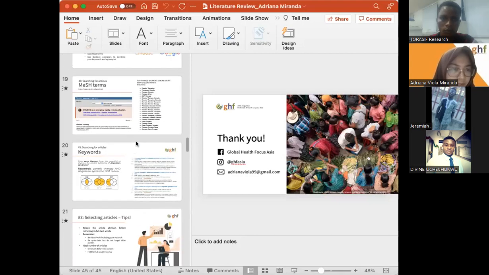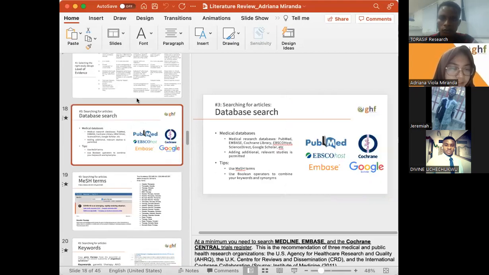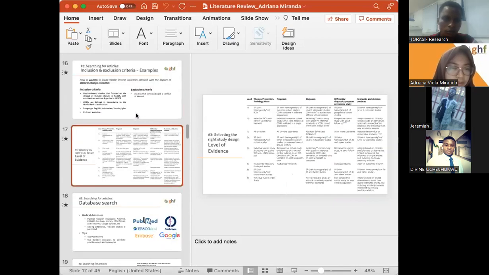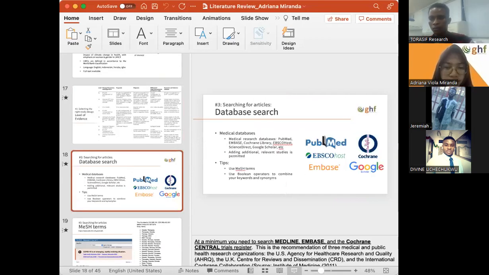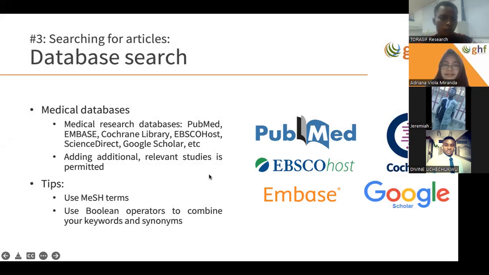So in order to get a legit reference, what you need to do is to search in a medical research database or any research database. Some of these databases focus only on medicine, like PubMed, EBSCOhost, I think Cochrane, and Embase as well. But some databases are more general, like ScienceDirect, Google Scholar, and also Scopus. So these are basically websites on the internet that you can search, like Google.